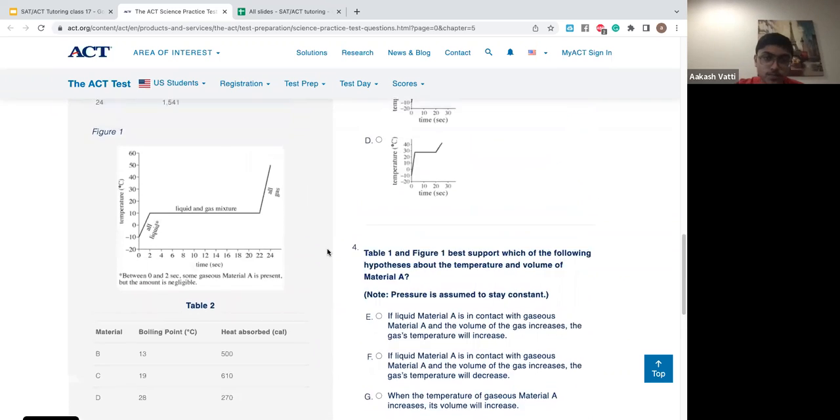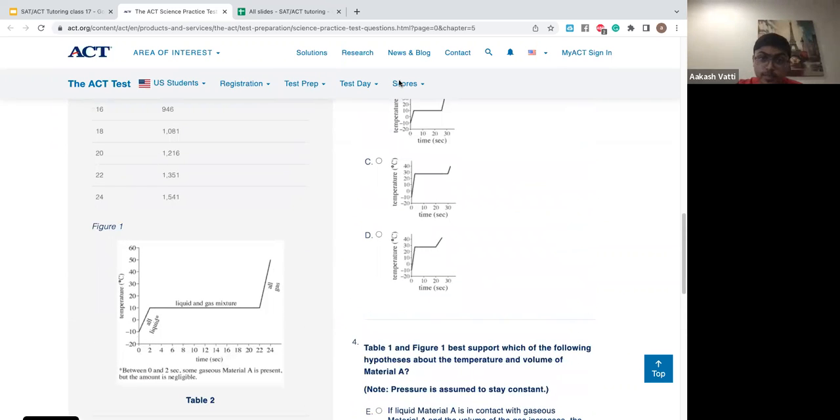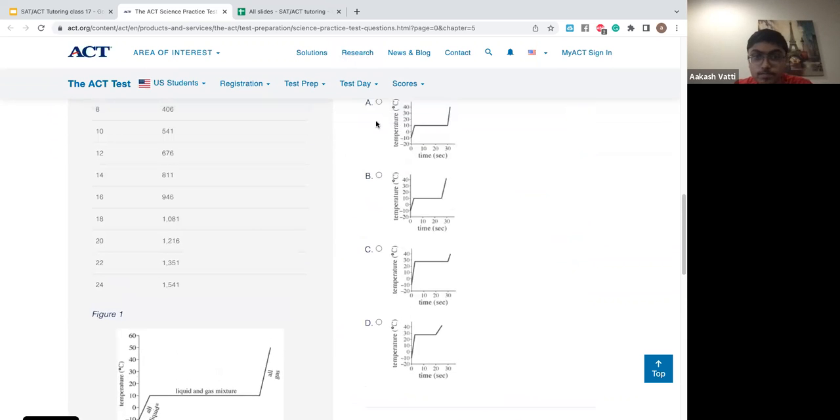So the horizontal line has to be at 28 degrees, which this one is not, and neither is this one. So now you're between C and D.